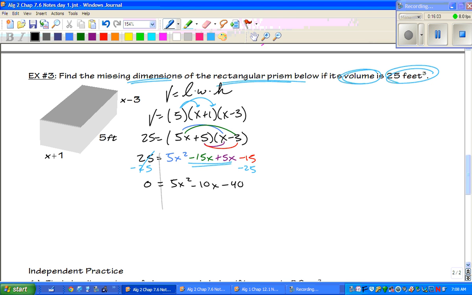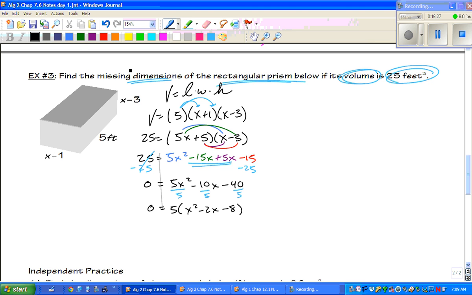Now, before you start doing, oh, 5 times 8 is, let's see, 40, oh, then you got to do all the factors of 200. No, you're forgetting the first step. Always, always, always check to see if there's a GCF. And there is. And then when we're done, we get x squared minus 2x minus 8.